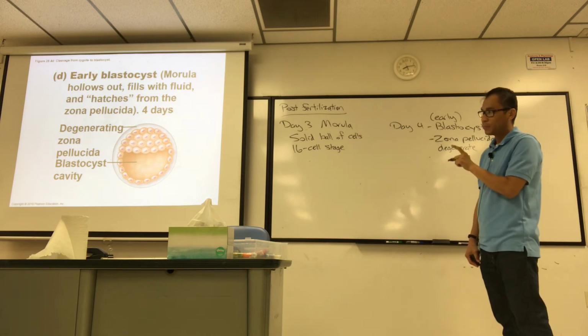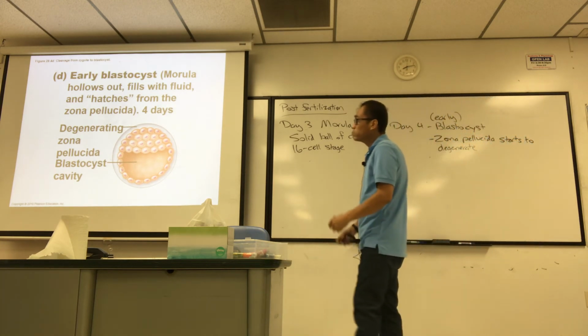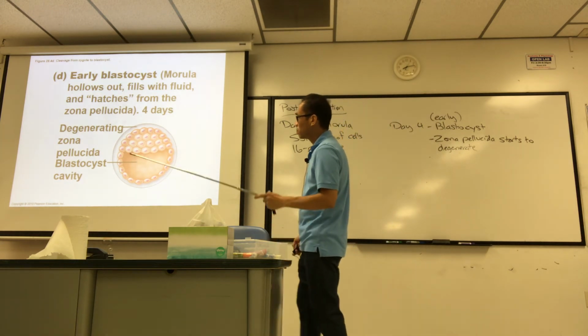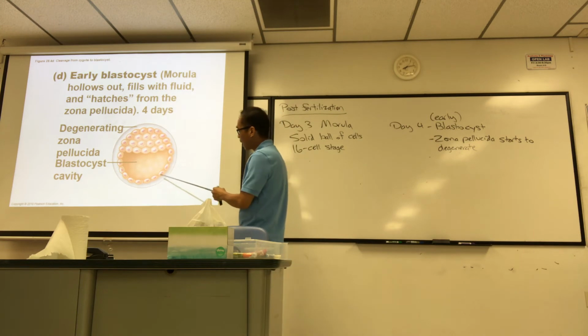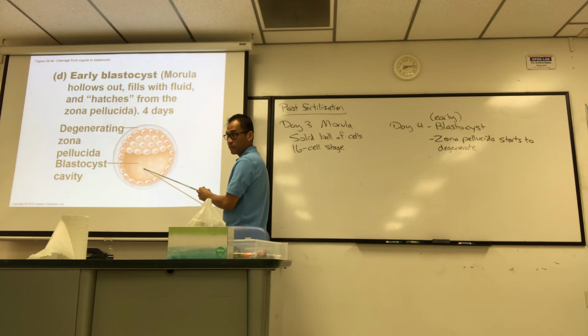But look at the inside. The blastocyst has some structure there. It's not labeled, I don't know why. These outer cells are called trophoblast cells. These inner cells are called inner mass cells, and you have a little cavity inside there.